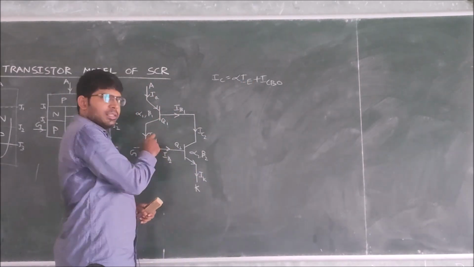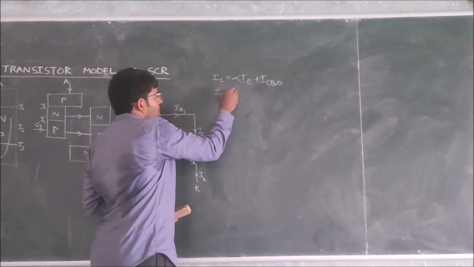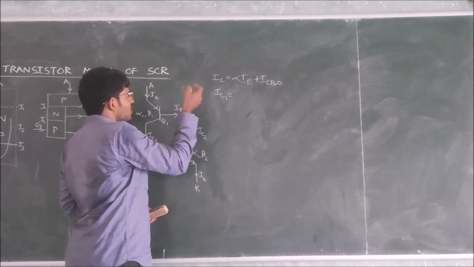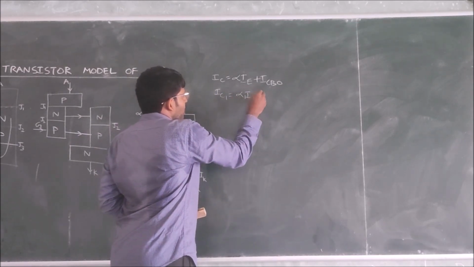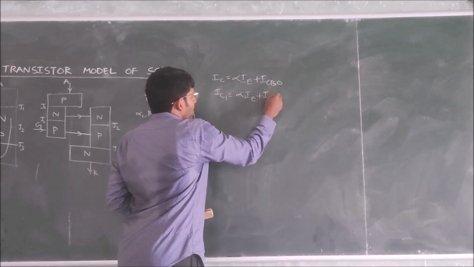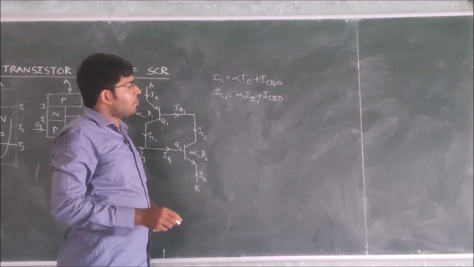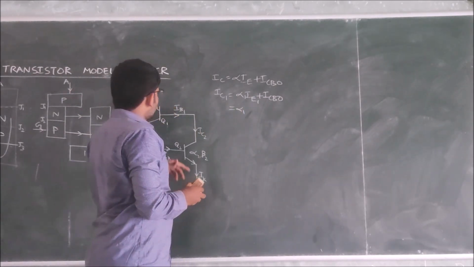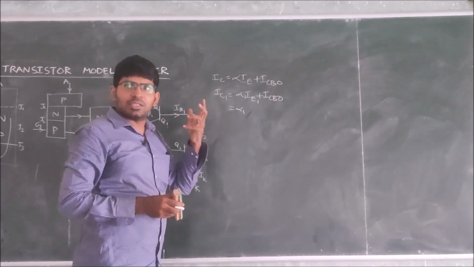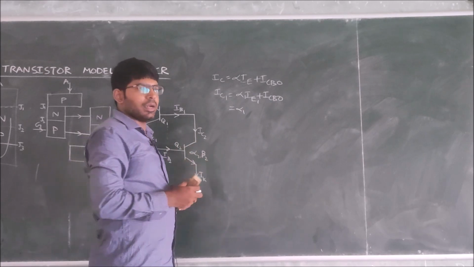We have two transistors. For the first transistor, IC1 is equal to alpha 1 IE plus ICBO1. But we already know for transistor 1, the emitter current is nothing but the anode current.